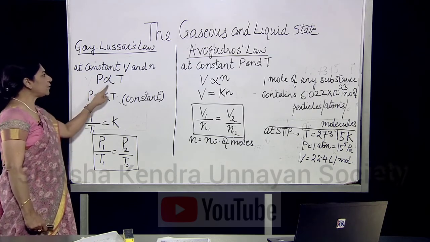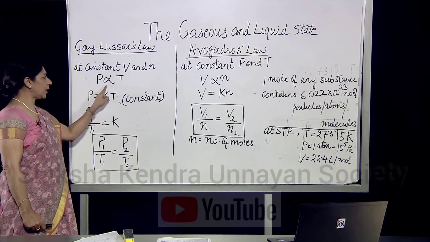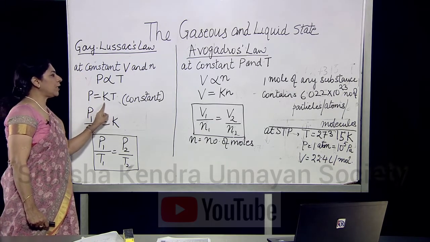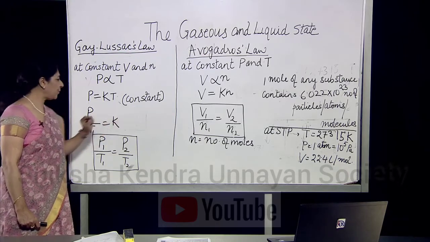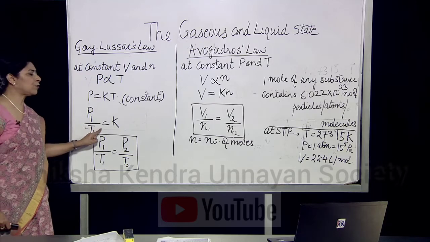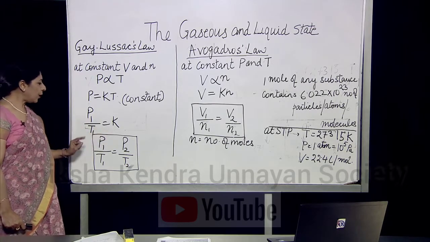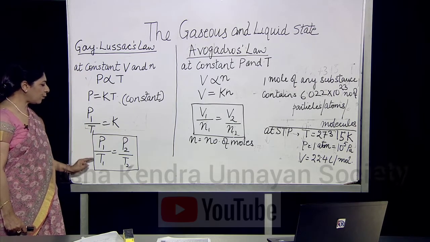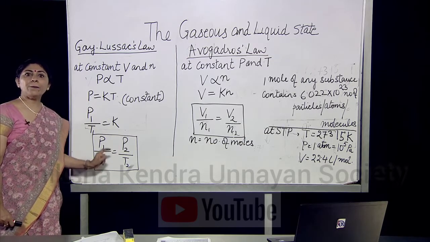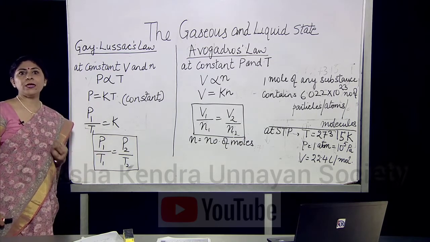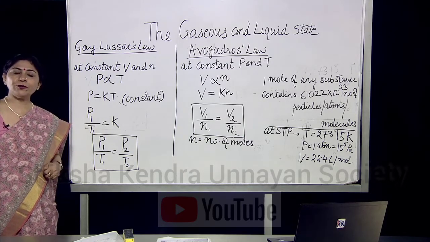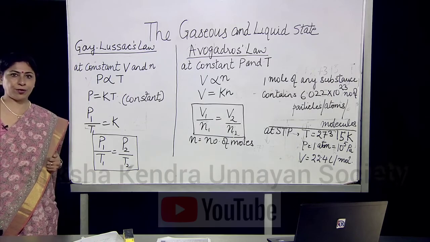Now, if we remove this proportionality sign, we will have P is equal to K into T. K is a constant. Now, we can write that P1 upon T1 is equal to K. So, we can also write P1 upon T1 is equal to P2 upon T2, where P1 is the initial pressure, T1 is the initial temperature, and P2 is the final pressure and T2 is the final temperature.